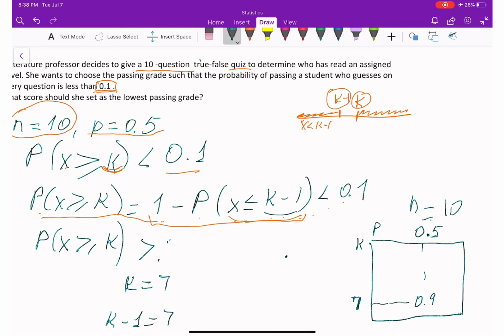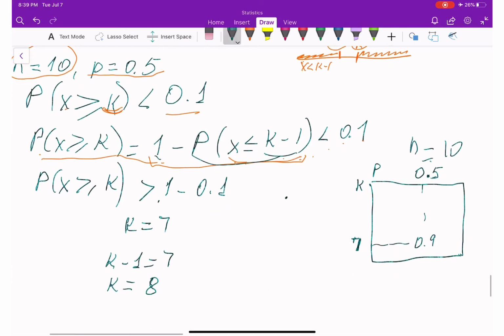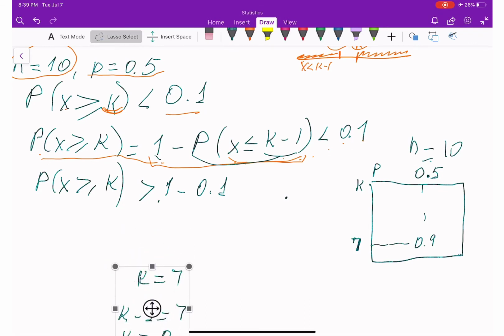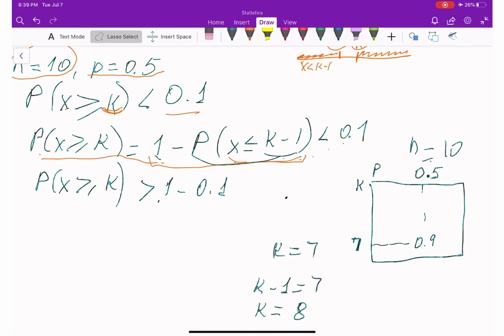So it's going to be 1 minus this piece, it's 0.1. Hold on, let me do it this way. Otherwise, this table is also going to move. There we go. This will be much better.